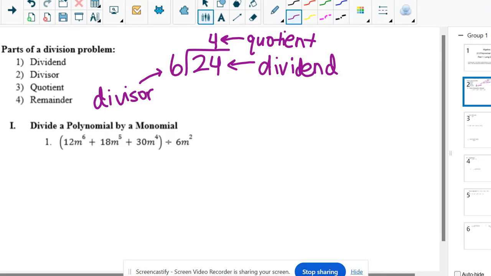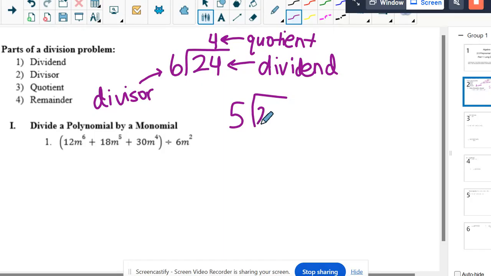Like if we picked 5 instead. If it was 24 divided by 5, then the answer would still be 4, but you would have a remainder of what? Rudy? 4. So it would be 4 and 4/5.